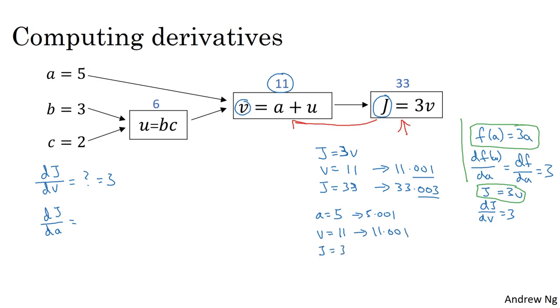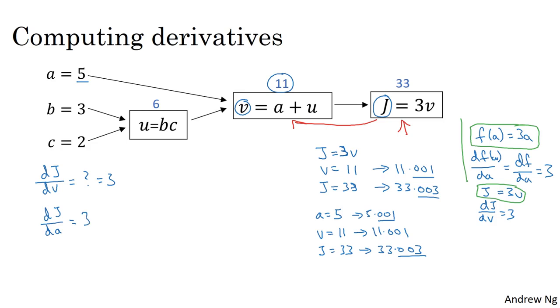And then we've already seen as above that j now gets bumped up to 33.003. So what we're seeing is that if you increase a by 0.001, j increases by 0.003. And by increase a, I mean, if you were to take this value 5 and just plug in a new value, then the change to a will propagate to the right of the computation graph so that j ends up being 33.003.